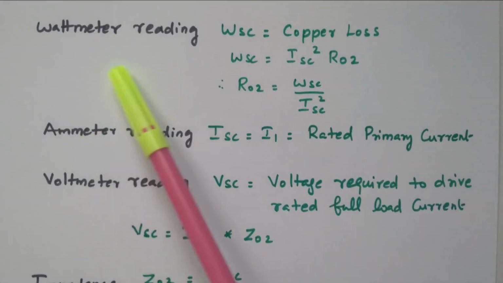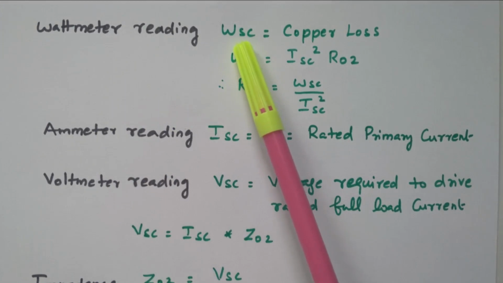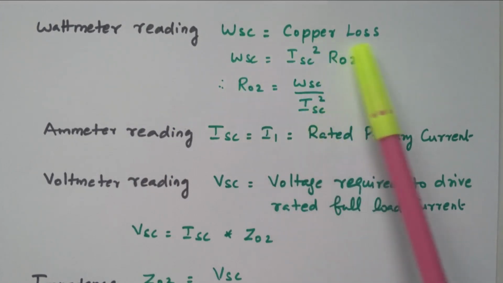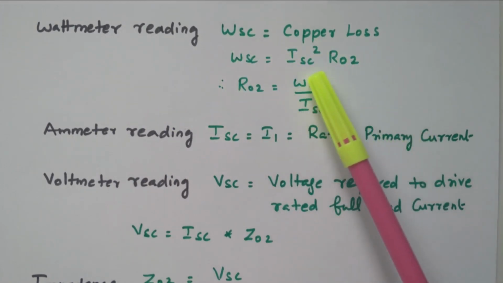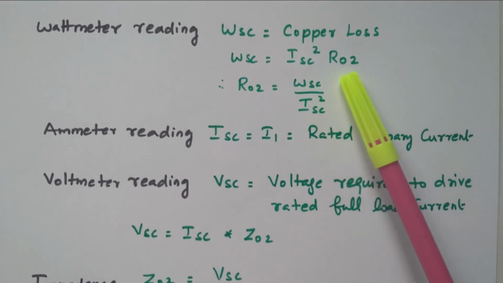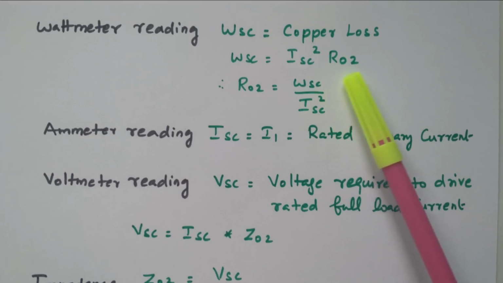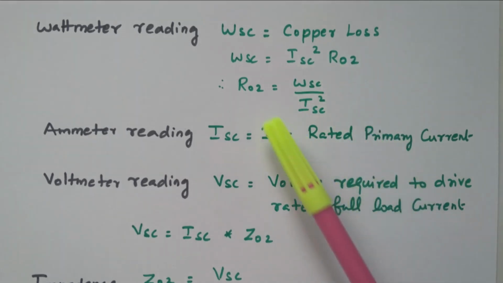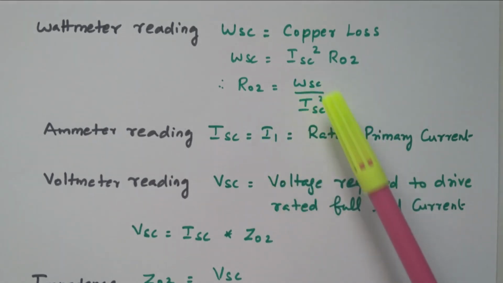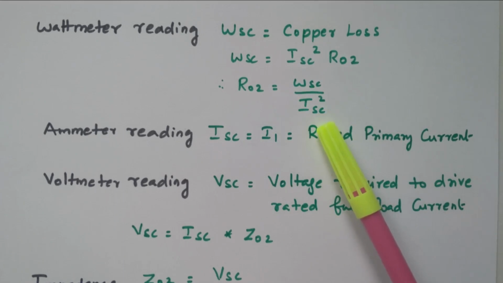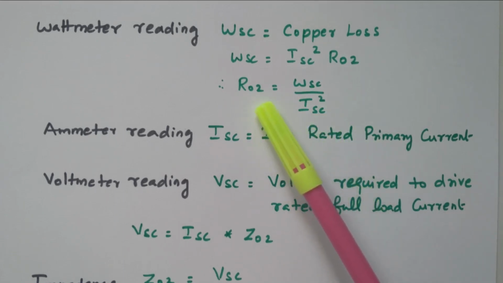Therefore, wattmeter reading equals WSC, the short circuit power, which is equal to copper loss. Copper loss is ISC square into R02. This ISC is the short circuit current and R02 refers to the secondary side. So R02 equals WSC divided by ISC square. Our one aim is to find this R02.